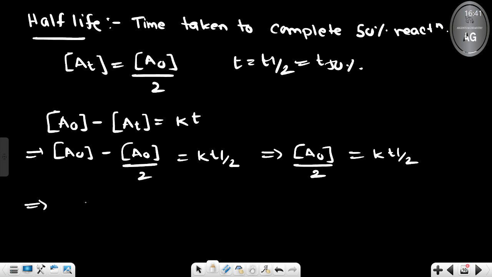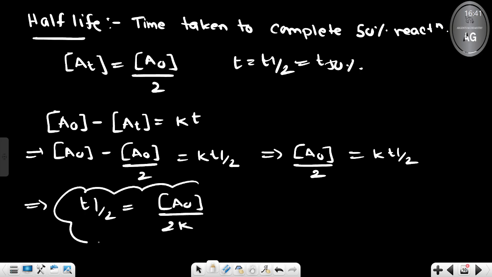So t half equal to A0 upon 2k. This is our formula which is going to be used straightforwardly when a question is asked: find out the half life of the reaction, or find out the rate constant when half life is given. Clear? Any doubt? Easy, right? Yes, easy.